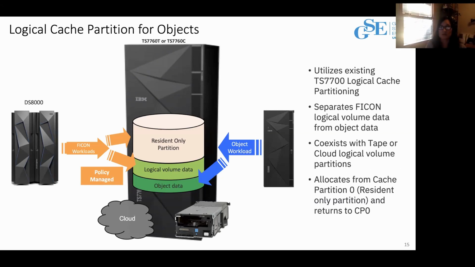It virtually separates that data from your logical volume data so that you can statistically tell how much cache utilization, or how many objects, you have within your system for DS8000 workload versus your tape workload. So this coexists. An object store TS7700 can be tape attached, cloud attached, or disk only, and we just logically separate that out. Next slide.